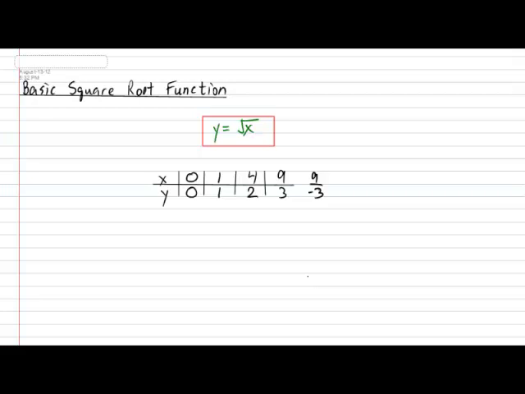Well, good for you if you realize that if we accepted both the positive and negative versions of the same x value, it would make our graph not a function anymore. Why is it not a function anymore? Because for a single x, you have more than one y. So, we scratch that idea also.